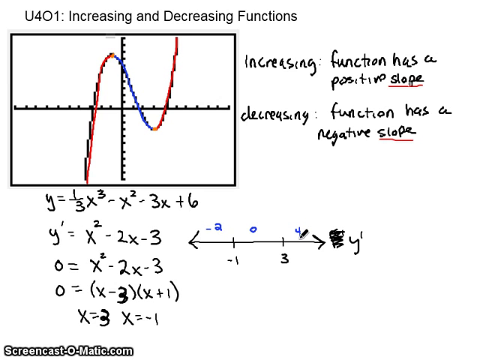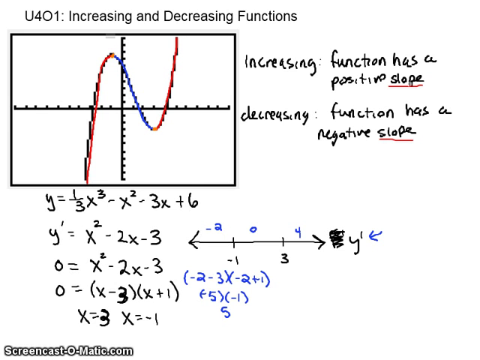Plug those into y prime. If we take negative 2 and plug it into y prime, we're going to get negative 2 minus 3 times negative 2 plus 1. That's negative 5 times negative 1, which is 5. Now we don't really care about the number, we care about positives and negatives.